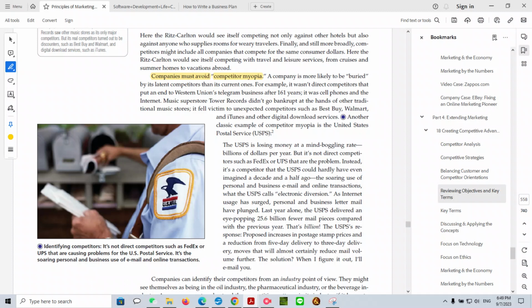So there's another reason, if you think about it for a moment. FedEx, UPS, and DHL, if they're still in business, why are they not competitors to the USPS? Because they have a mutually beneficial relationship.